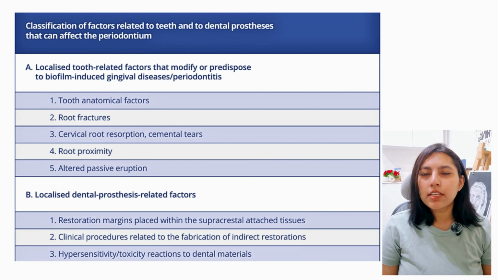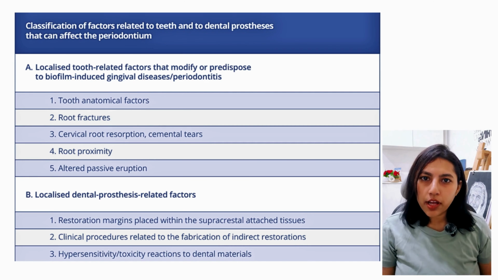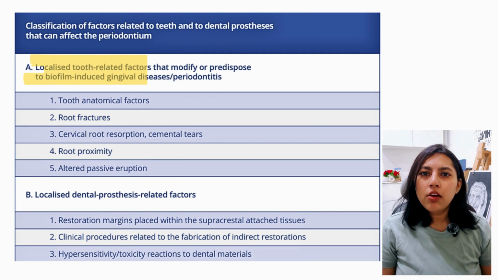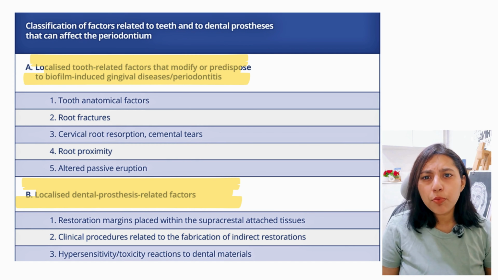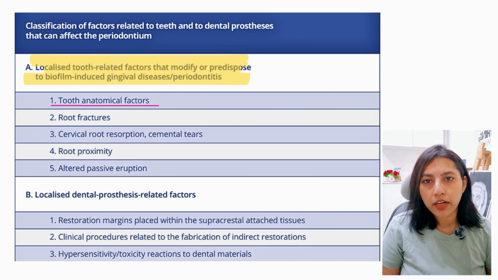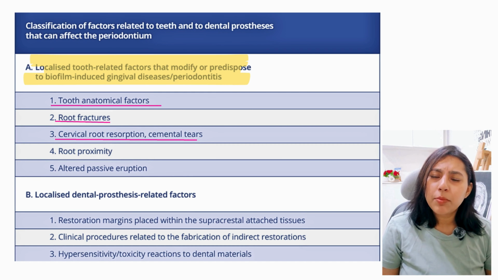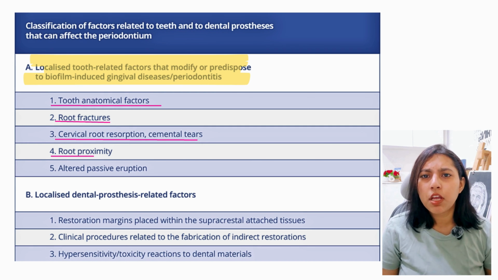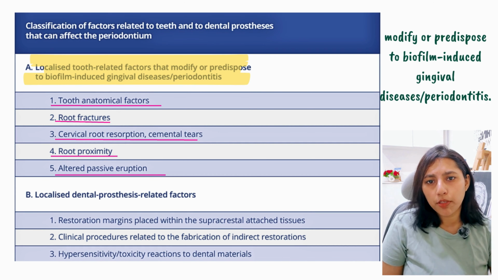Now, if you look at this classification table, these factors are broadly divided into localized tooth-related factors and localized dental prosthesis-related factors. The first group includes tooth anatomical factors: root fracture, cervical root resorption, cemental tears, root proximity, and altered passive eruption. Now, clinically, all these conditions have one thing in common.